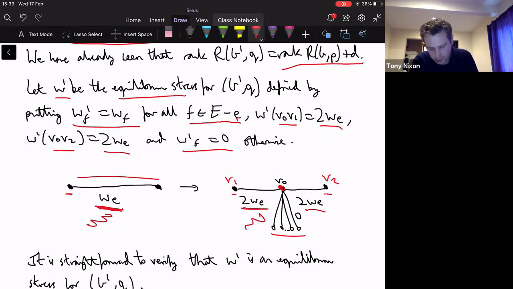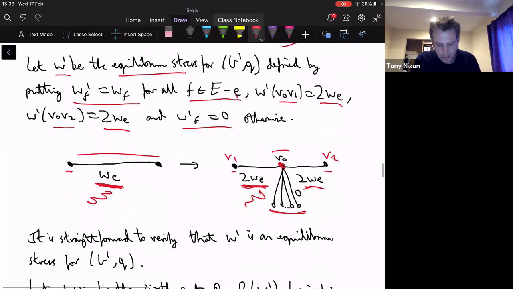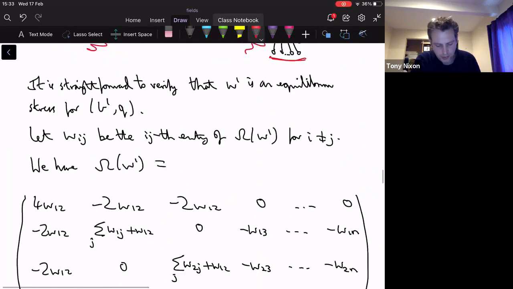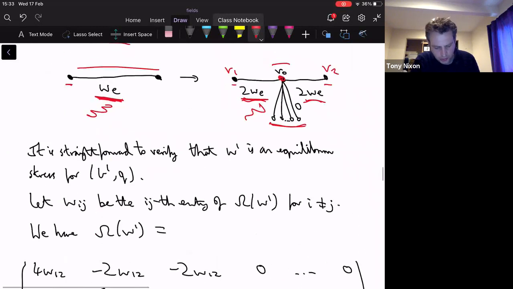So it's fine here and it's fine here for the same reason. And obviously, because the three vertices are collinear, and we've just put the same thing on both sides, it's fine at V0 as well, because these were all zeros. So that's a very easy check. So we've defined a sensible equilibrium stress, and now we need to show that the rank goes up by 1. So if it was maximal before, it still will be. Okay, so this is what we're going from.